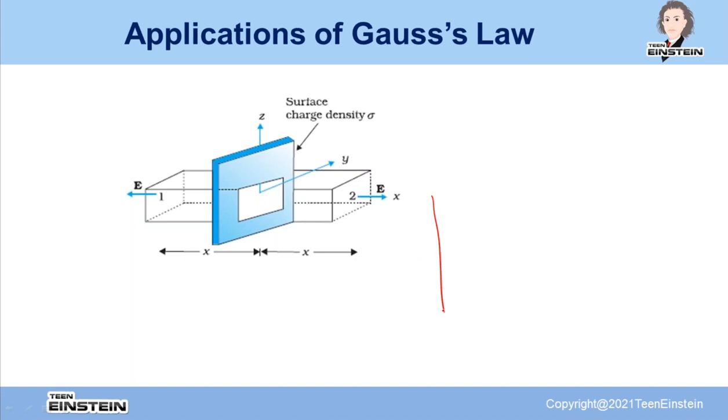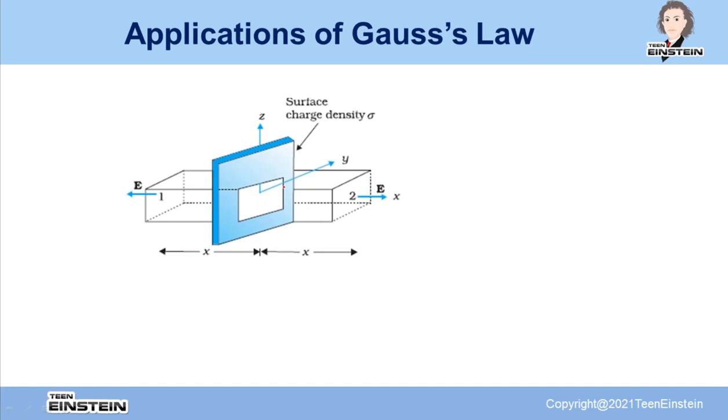So I have a vertical plane sheet, for which the y and z directions are infinite, but the x direction is not infinite.